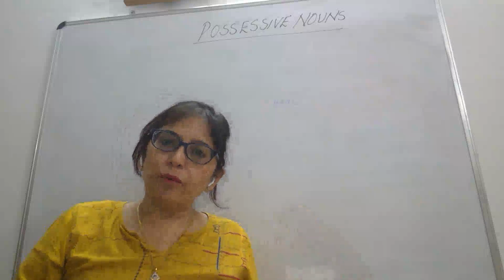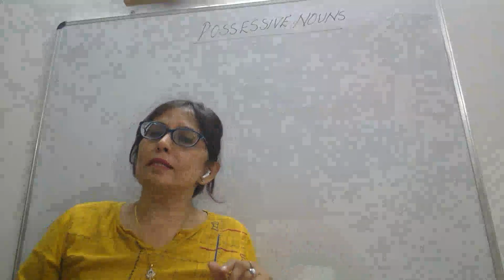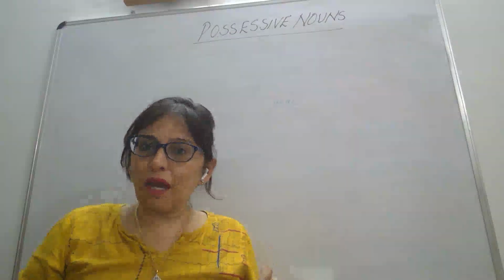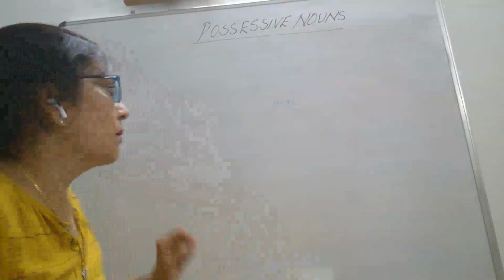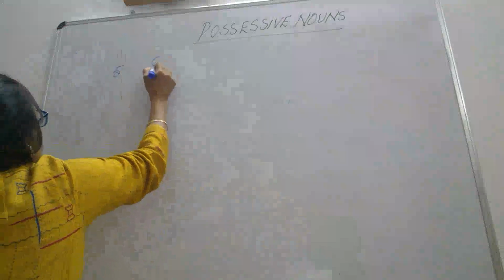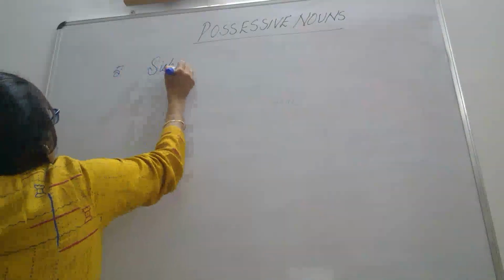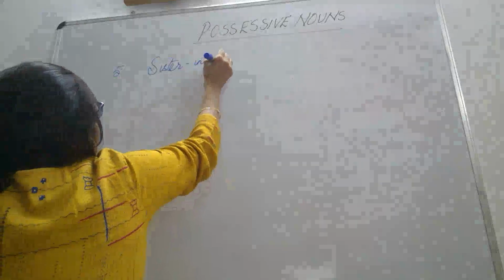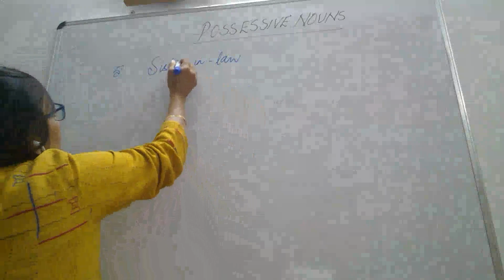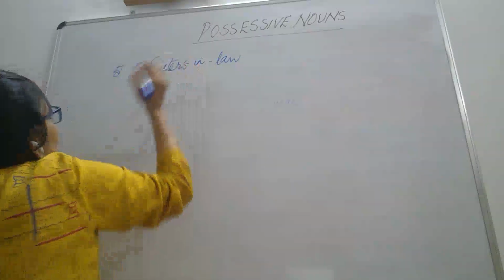If we have to make it plural, we make it sisters-in-law, brothers-in-law. But when we have to show possessiveness, that is rule number 5, say sister-in-law. This is a compound noun, right? When we have to make it plural, we added S over here, right?